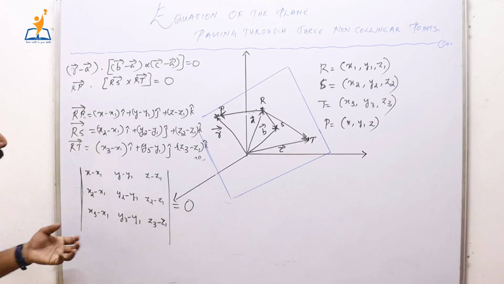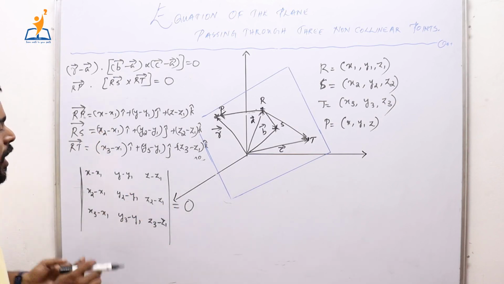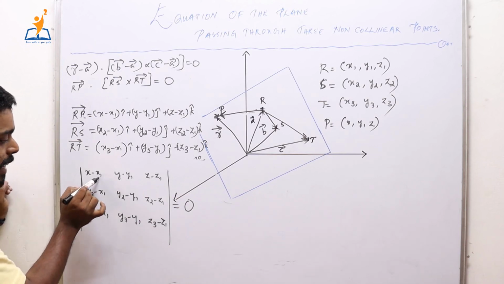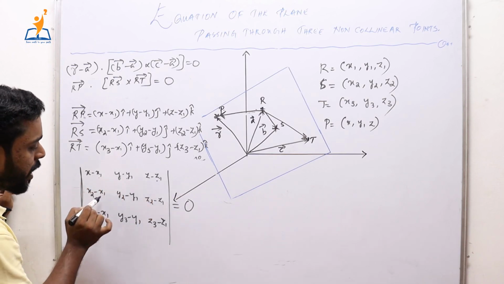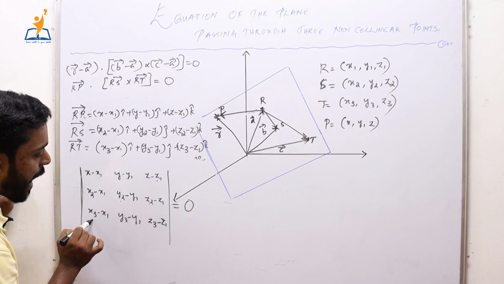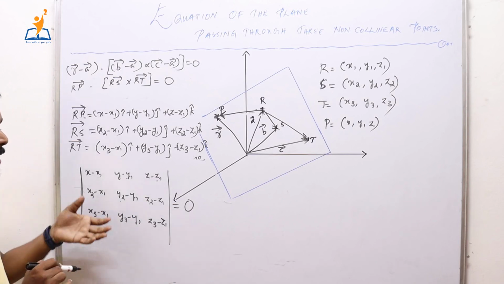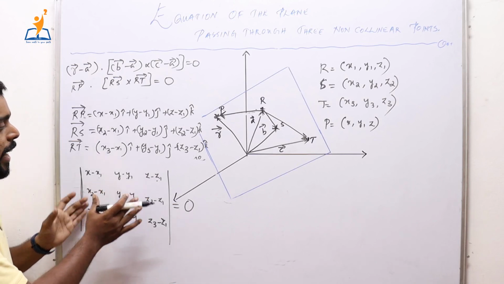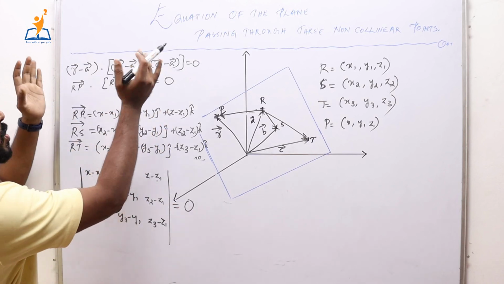So this is the Cartesian equation of the plane which passes through 3 points x1, y1, z1; x2, y2, z2 and x3, y3, z3.